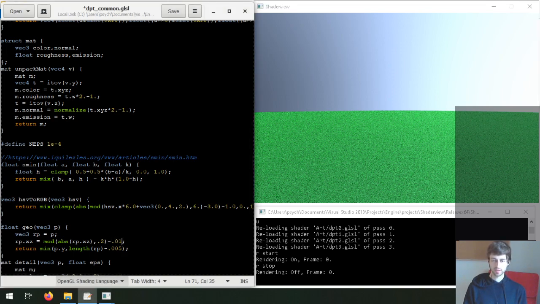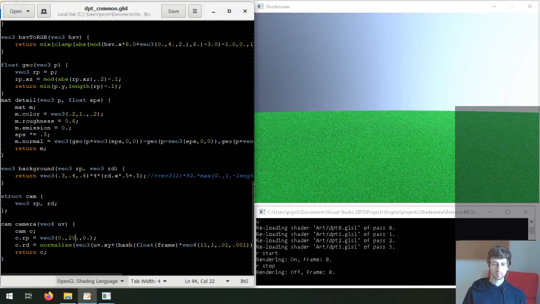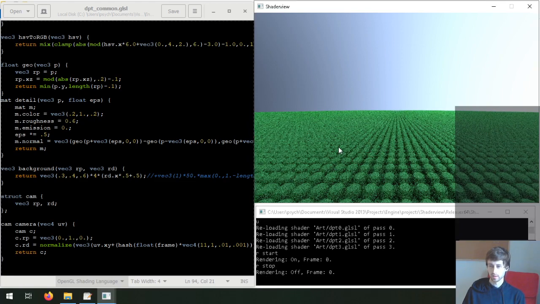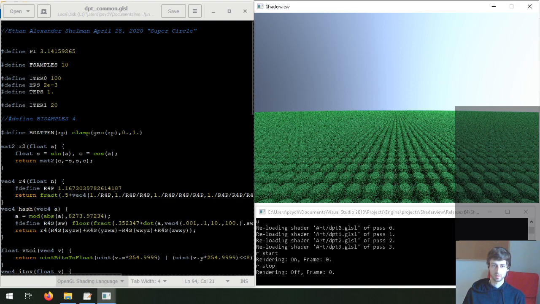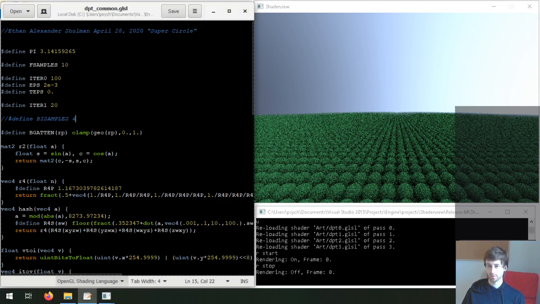Are these so small that you can't see them? Yeah, there we go. Now, what is that? There's almost like a line on the top of them. I don't know if that's the epsilon. Yeah, that's the epsilon. Okay.